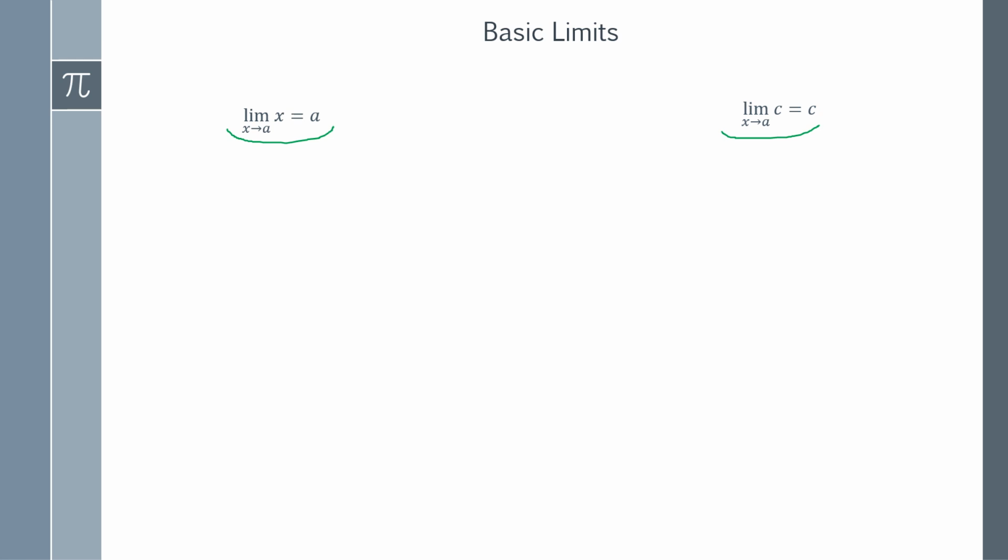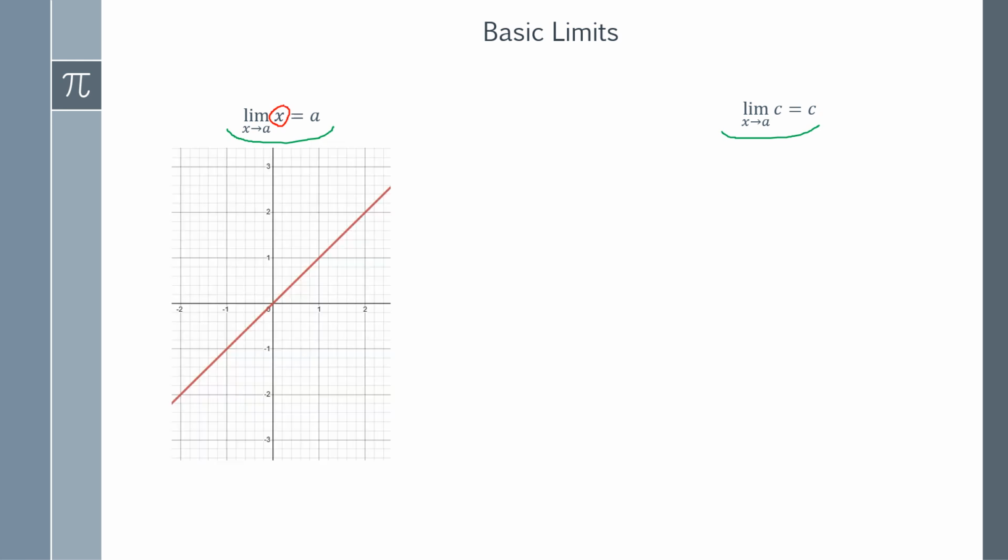but let's go ahead and take a look at the graphs and see what these limits would look like if we were to look at the functions in their graphs. So let's start with the one on the left. So here we have x as the function, and that is just the identity function, right? So that's what it looks like. Okay, it's just a straight line that goes through the origin with the slope 1.